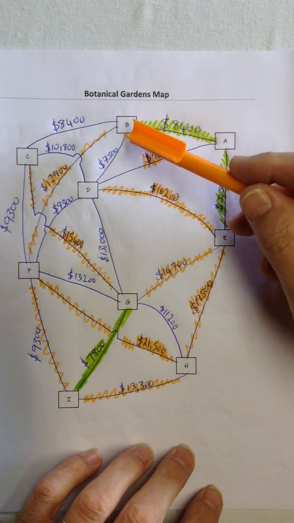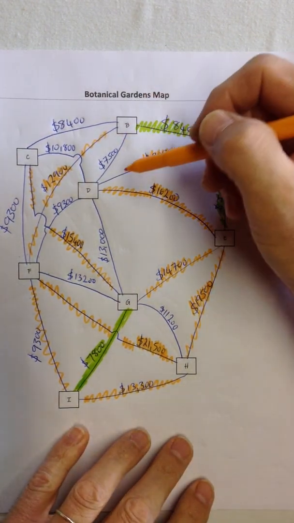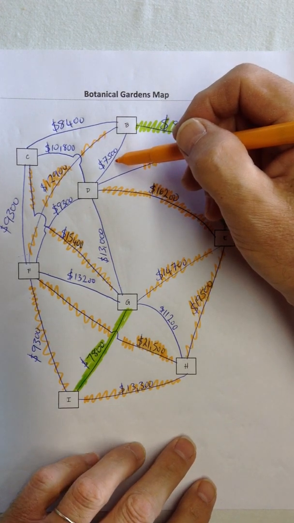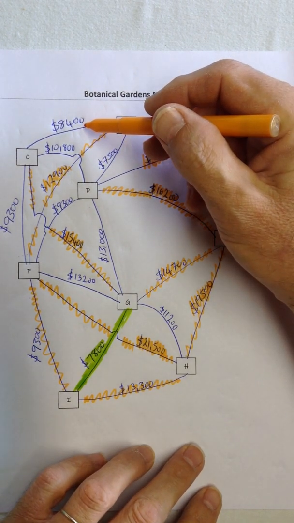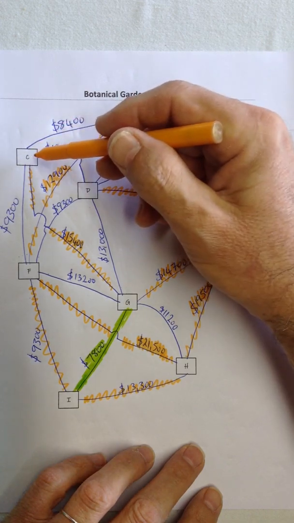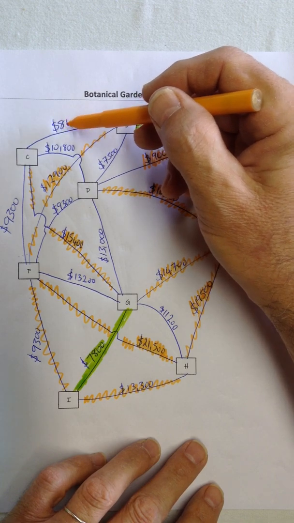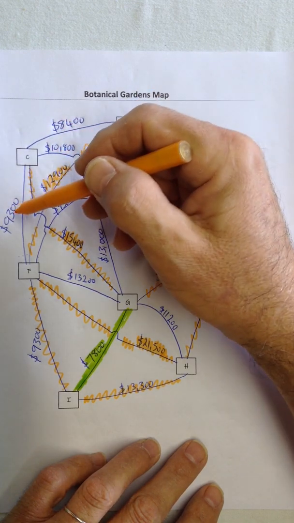So now B's got a few choices. So we've got this 7,500, which is cheaper than the 8,400, but I still need to remember that C has to be included there somewhere. Let's have a look at C. It's got three choices: 8.4, 10.8, or 9.3.